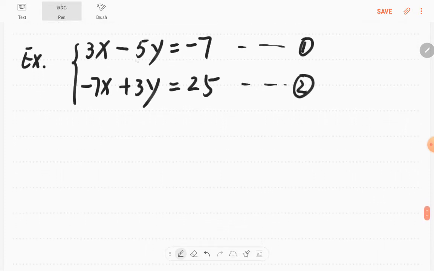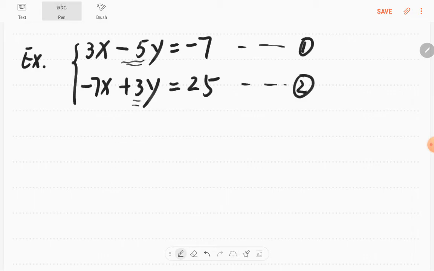This is negative 5 and this is 3. So if we multiply the first equation by 3 and the second equation by 5, then you will see negative 15y and here positive 15y. If you add these two equations up, you will eliminate the variable y, right?